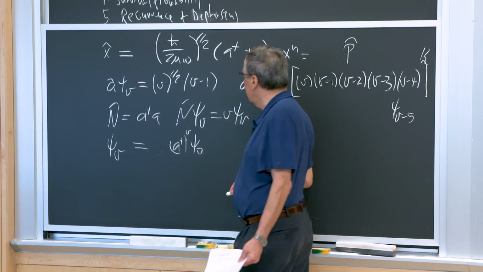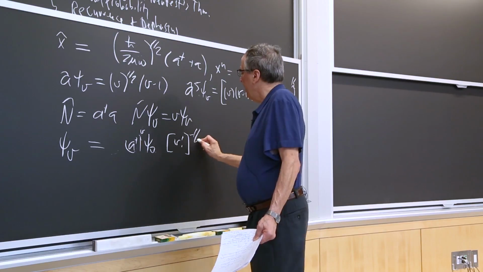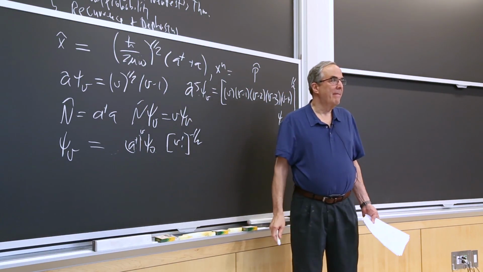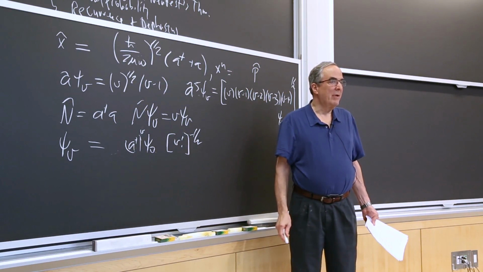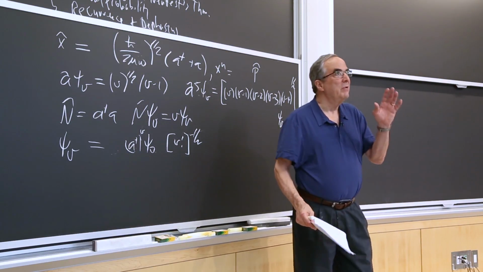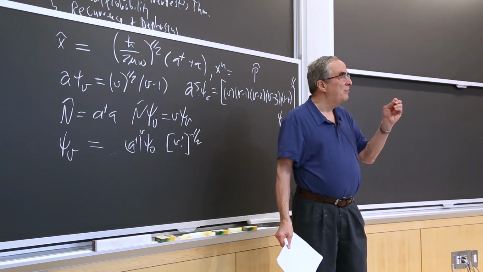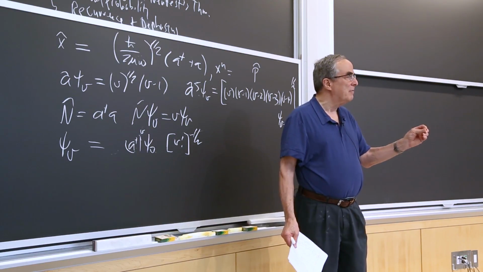And you want to cancel that garbage, and so you write v factorial to the minus a half. And so that gives you the normalized function. So these are really, really simple things, and most of them, once you've thought about it a little bit, you can figure out yourself.